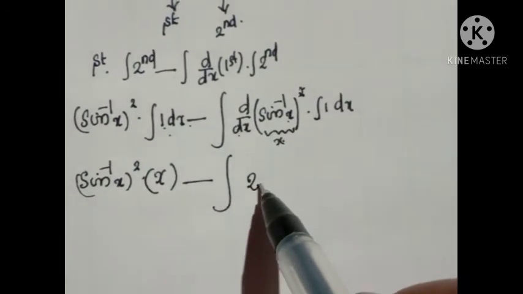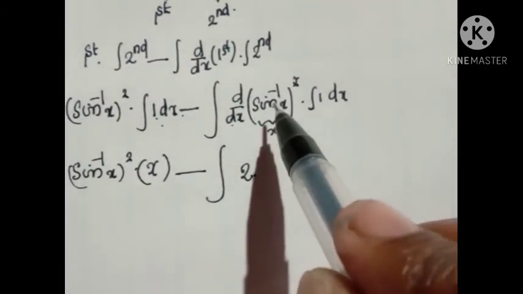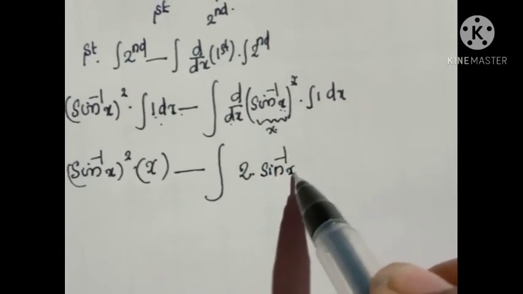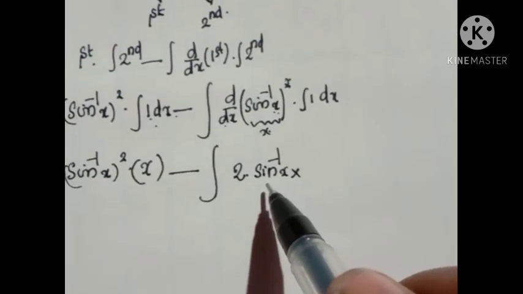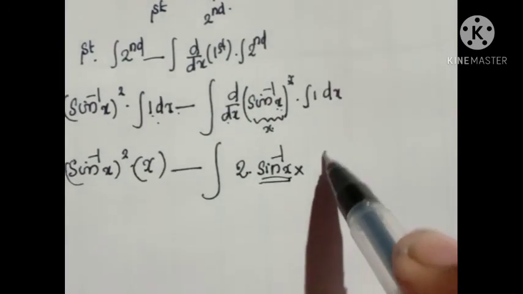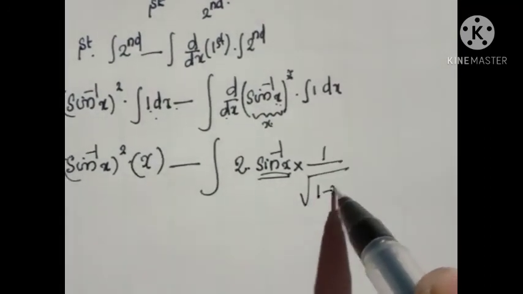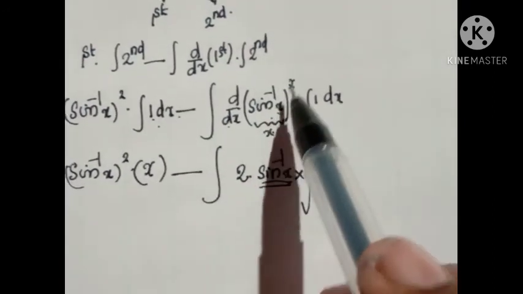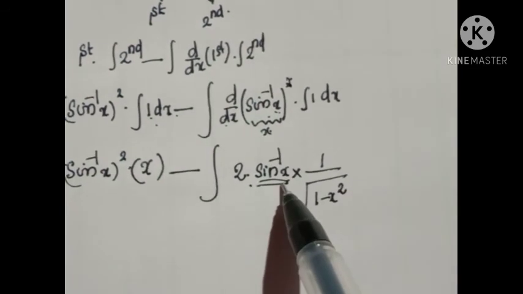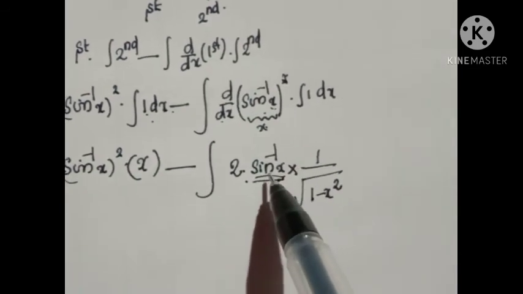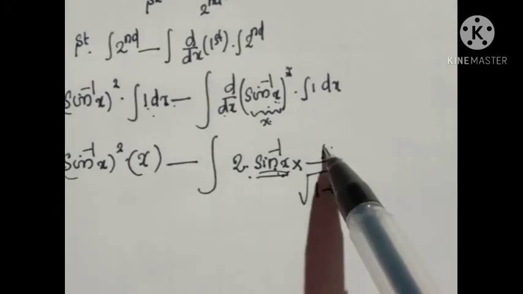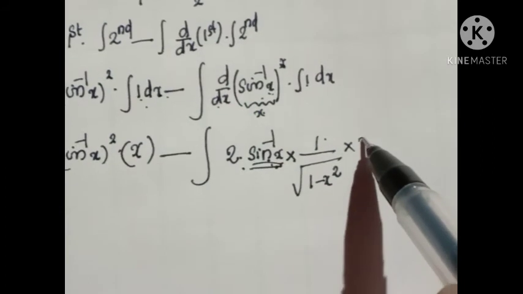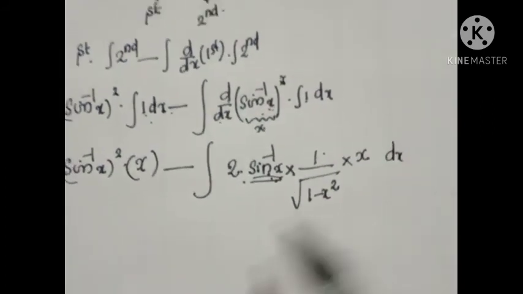So what is the derivative of x²? It is 2x, isn't it? So the derivative of (sin⁻¹x)² is 2 into sin⁻¹x. It's not finished. The derivative of sin⁻¹x is 1/√(1 − x²), into the integral of 1. The integral of 1 is x.